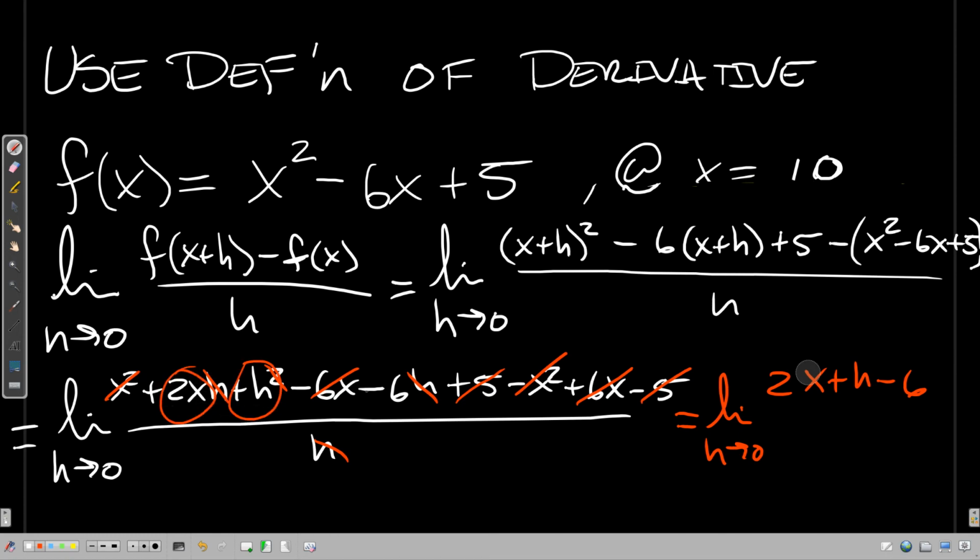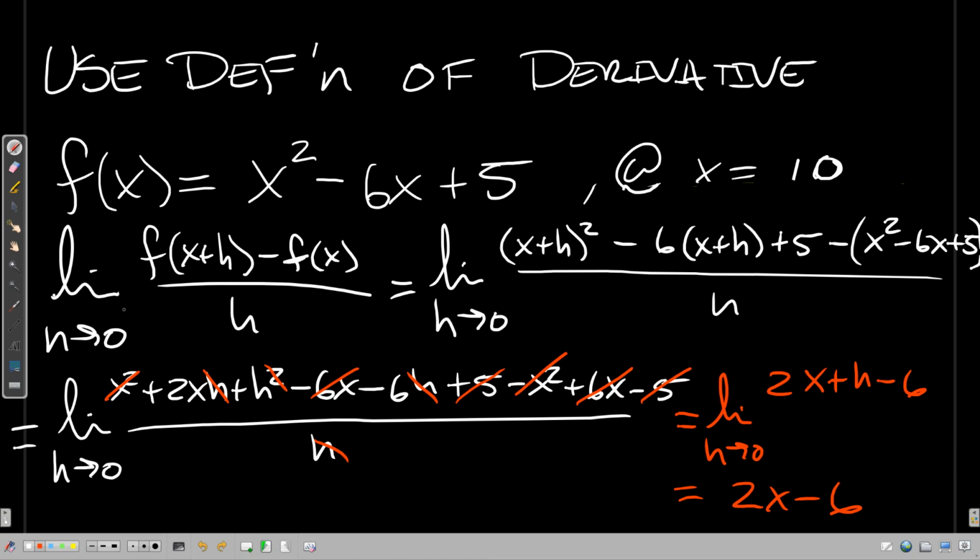So I'm left with 2x plus h minus 6. And now you can do the limit. You don't have an indeterminate form anymore, so this would be 2x minus 6. And what happens if I stick that 10 in for x right there? It says 20 minus 6. That's 14. That's the same number we got just a moment ago.